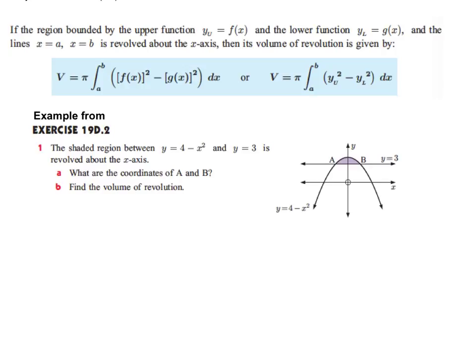All right. So here we have a shaded region between y equals 4 minus x squared, that parabola you see, and the line y equals 3, the horizontal line. So we're taking this area right here, and we're going to revolve that around the x-axis.